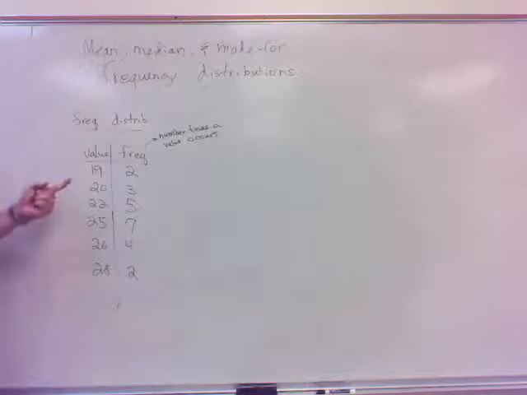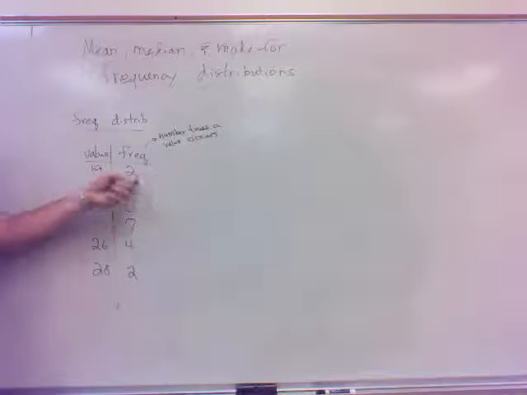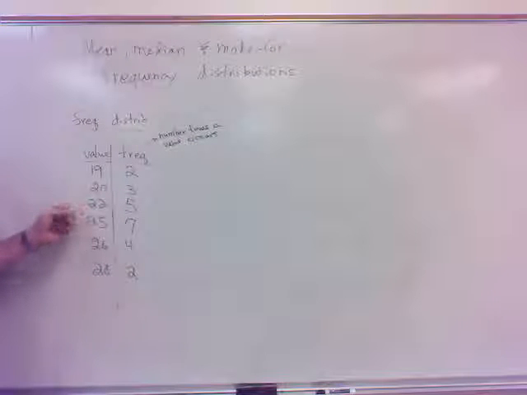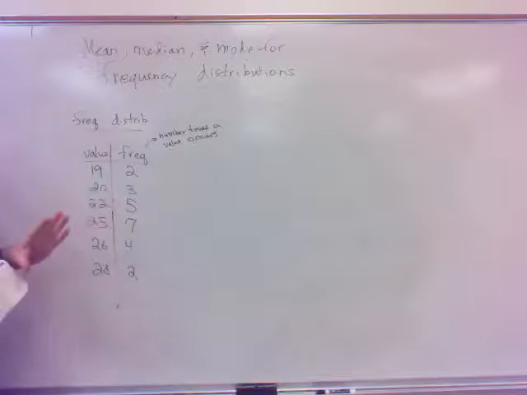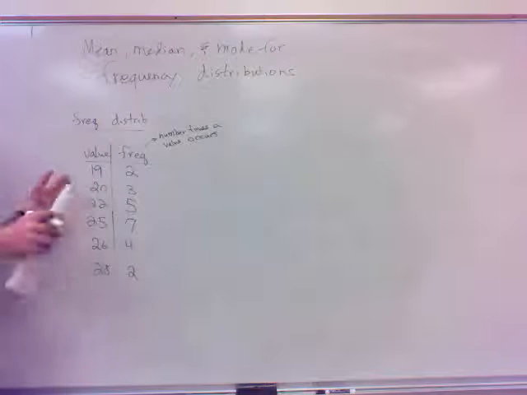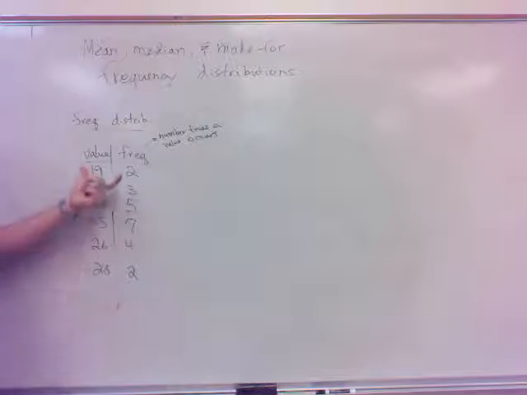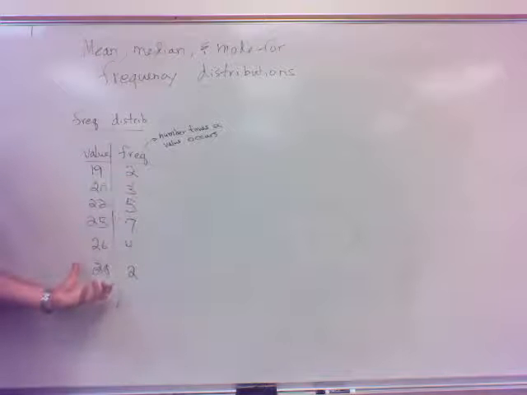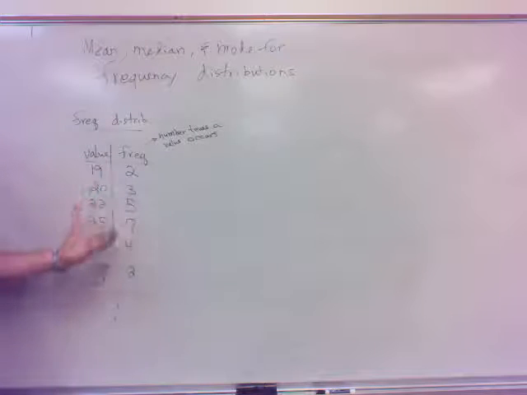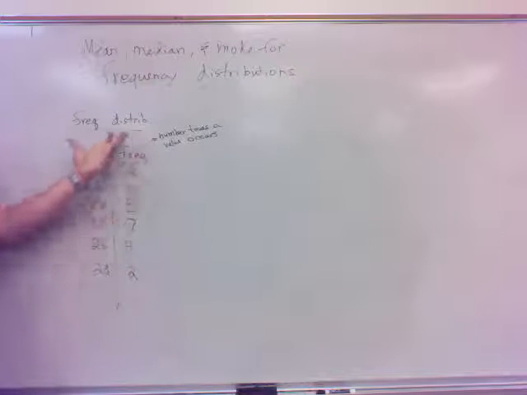If I wrote this out list-wise, this would be two 19s, right? 19 and 19. Then I'd have 20 three times, 20, 20, 20. Then I'd have 22 five times, so 22, 22, 22, 22. Instead of having to write all those out, if we have multiple occurrences of values, this is just a nice way of writing it out in a table. Okay, so that's all I mean by frequency distribution.